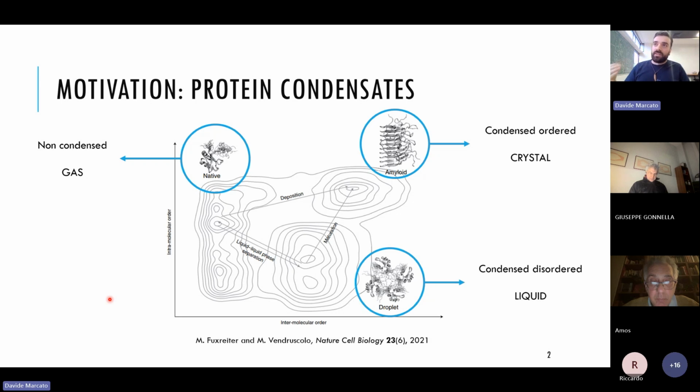Whereas what would be more realistic is to have a fixed length distribution. So you say, okay, my system is polydisperse, and there is a certain length distribution which is fixed, and then you start working with that. But with our model, we could not do it. Okay. Clear. Thank you.